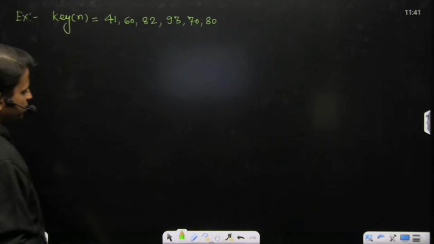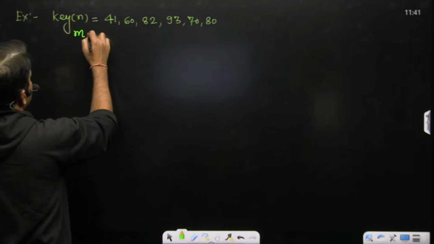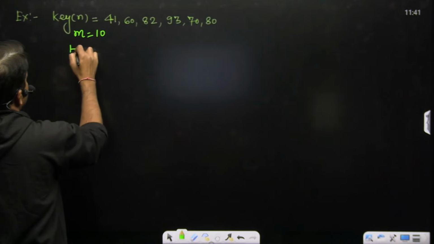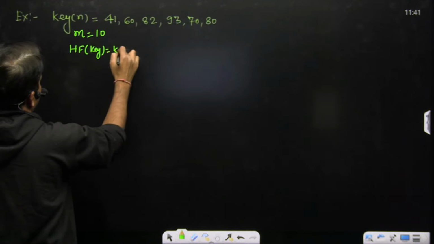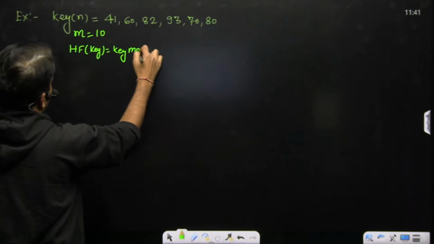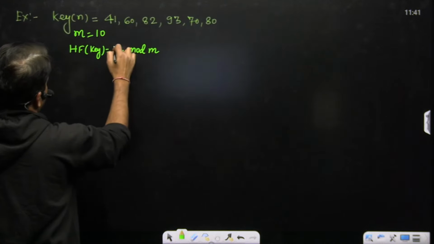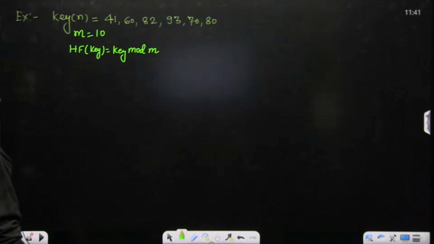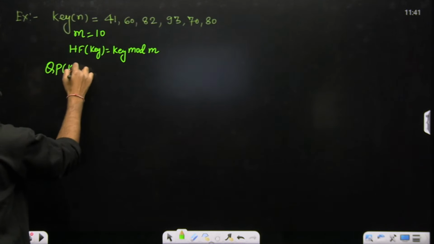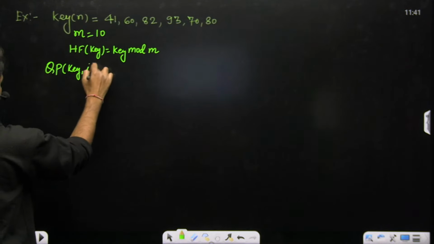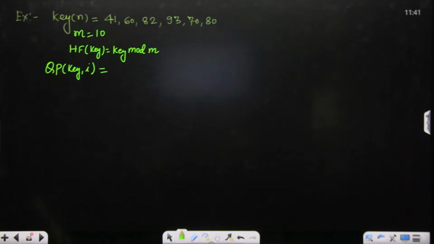m equals to 10, and hash function, use quadratic probing.